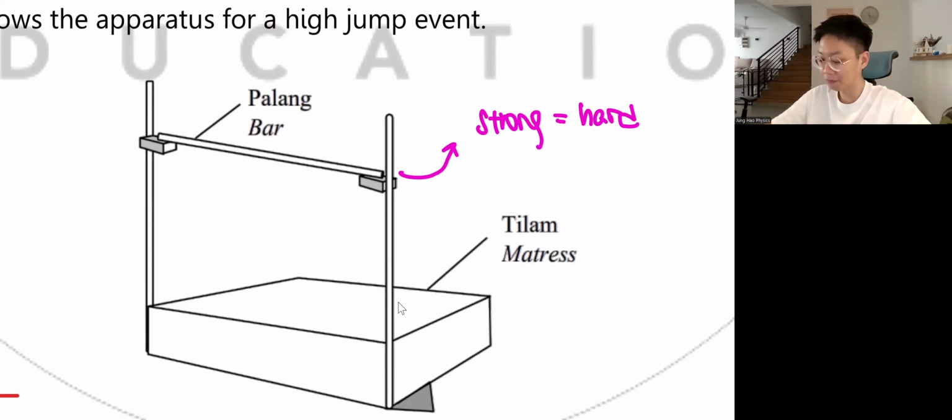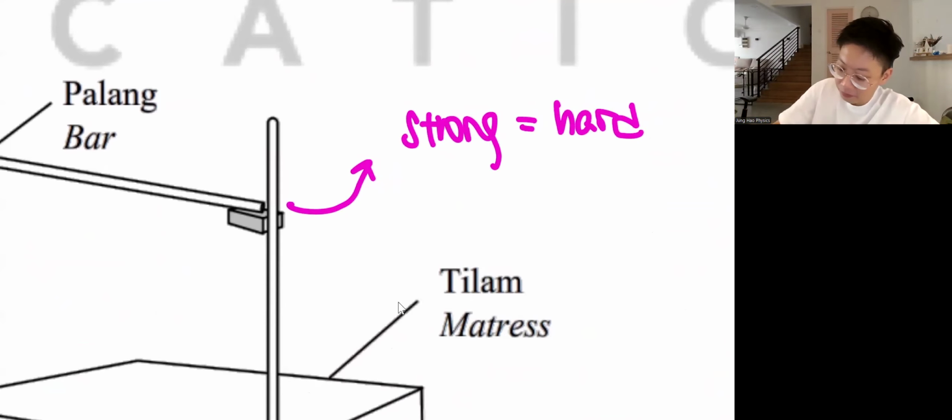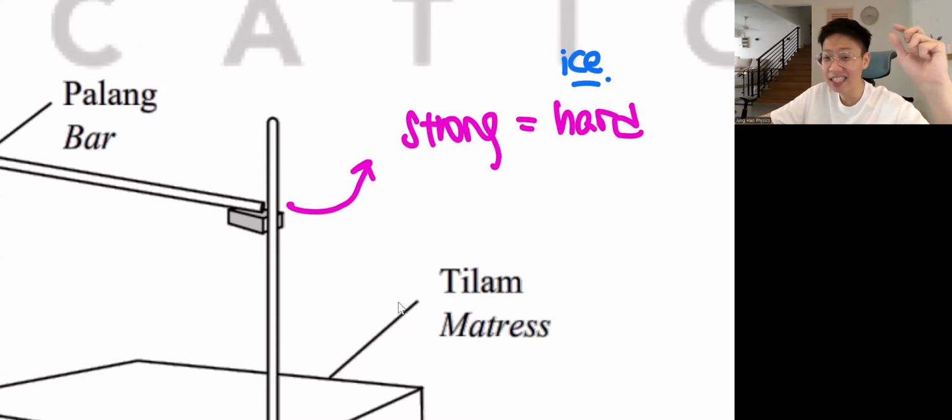Now, guys, ice. You know ice? Like air batu. Is ice hard? Obviously. If I take an ice and throw it on your head, probably your head will turn blue black. But is ice strong?